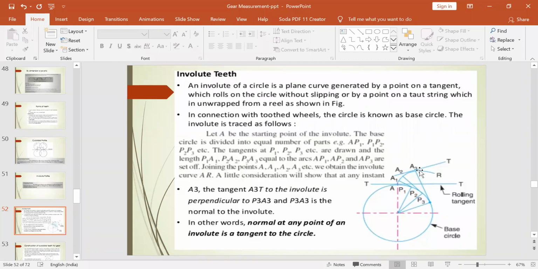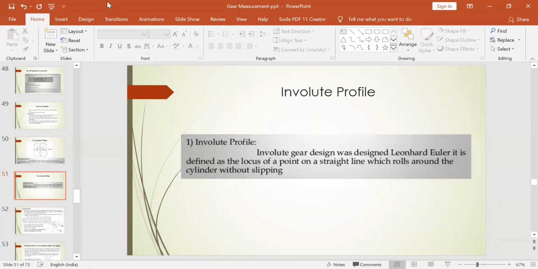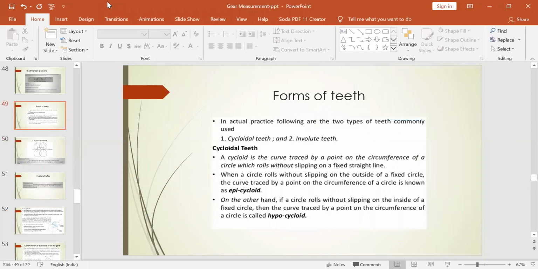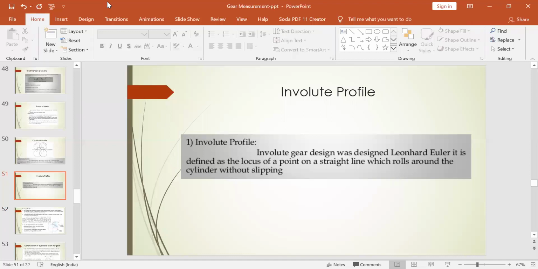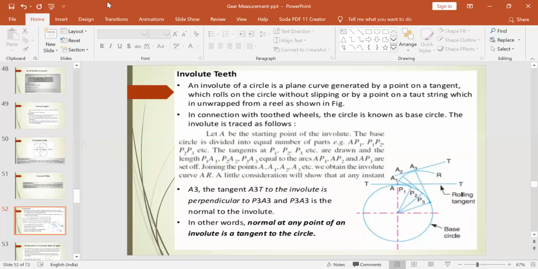How does it look? And if they ask you how to measure the involute teeth profile, that also we will take care of next. So this is about the involute tooth profile and the cycloidal profile. In cycloidal we have two, epicycloid and hypocycloid, whereas in the involute profile you have only one involute profile with respect to the base circle.